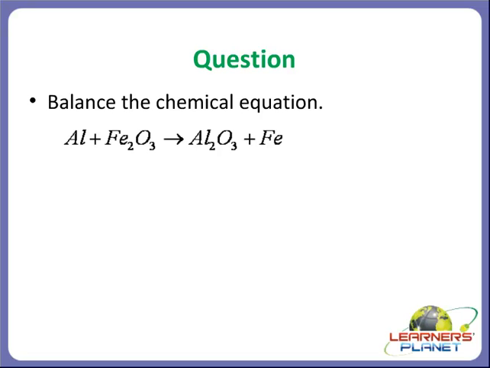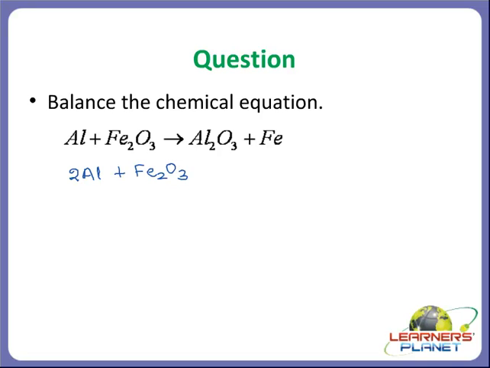Now let's start balancing this equation. Children, how many aluminium are there on the RHS side? It's 2. On the LHS it's 1. So I can write 2Al plus Fe2O3, and it is giving me what children?